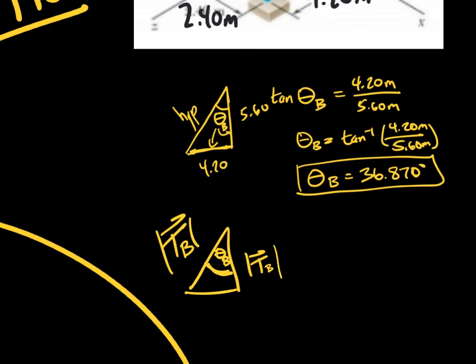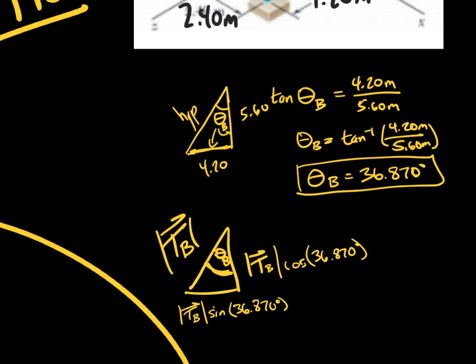So the tension to point B equals, that side is TB times, this is the adjacent, so it'll be the cosine of theta B, 36.870, keeping 5 significant digits, and this will be TB times the sine of 36.870 degrees.